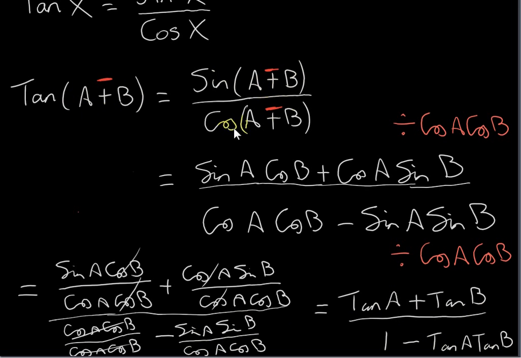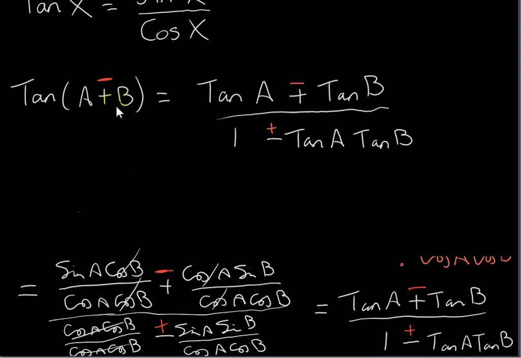And we've seen in previous videos that sine A minus B is sine A cos B minus cos A sine B. But cos A minus B is cos A cos B plus sine A sine B. So again, we can divide above and below by cos A cos B. This plus sign will become a minus sign, and the minus sign down here is a plus sign. So we'll end up with tan A minus tan B over 1 plus tan A tan B.